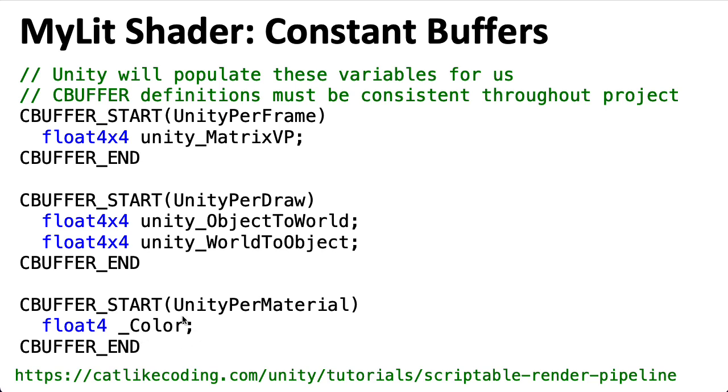Now the color, that was something we declared in properties. Now the cbuffer start-end blocks here are not things that are required, but it allows Unity to do certain optimizations. For instance, individual objects in your scene may have different object-to-world matrices, but that view projection matrix, that's going to be the same for all of the objects you're drawing in a particular frame.